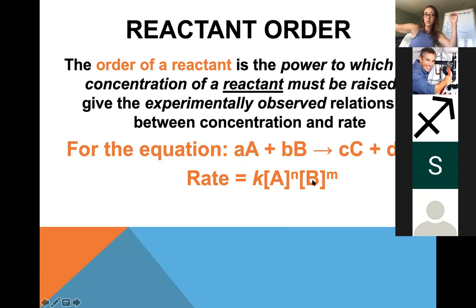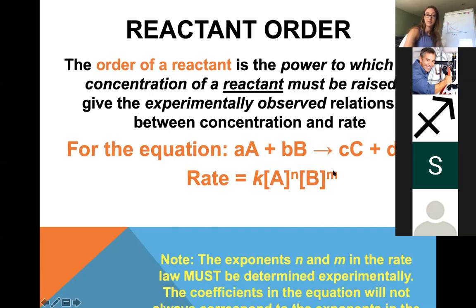It doesn't matter what the concentration of products are; the rate as it's proceeding is based on the concentration of reactant molecules, because those are the ones that collide to make the reaction happen. And then you've got this rate constant K that's only constant at constant conditions. And then you have these exponents, N and M, and N and M will be our orders, okay?